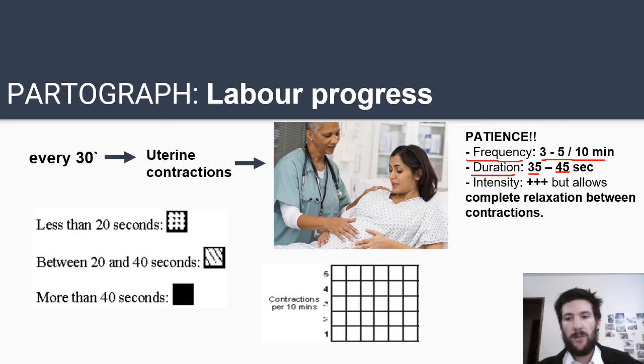If it's less than 35, it means that it's not enough to make a normal delivery, and maybe the labor is going to be slow. And if it's above 45, it's too much contraction, and that can cause problems for the baby. I'm going to talk about that soon. And the third important thing that you need to check is the intensity. That is a subjective perception of how strong the uterine contraction is.